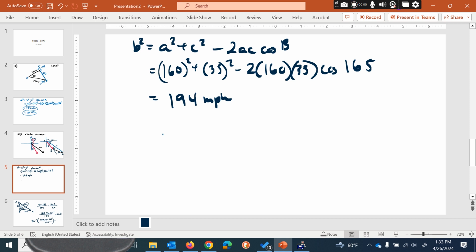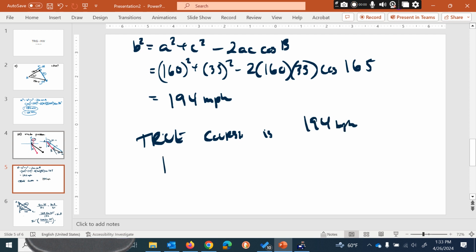All right, we have bearing, right? So we have true course. Let's see how we write it in the back here. So wind is flying, okay. So true course is 194 miles per hour. Bearing, okay, I'll write it a little better. Oh no, it's heading, so that's right. Hold on.